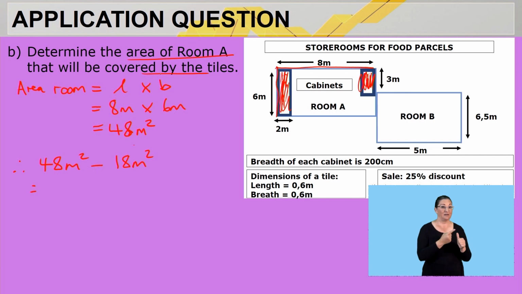Leaving us with an area to be covered by tiles of 30 square meters. Guys, I am sure that is making sense. Remember, we are not going to tile this part where we see the cabinets. So only the 30 square meters will be tiled. All right. Let's now move on to question number C.